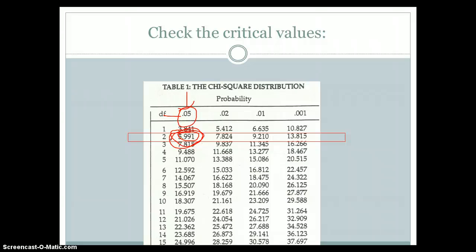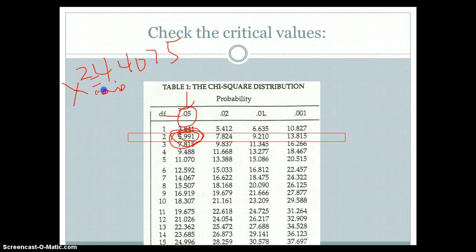So this table, just to go over it again, shows the minimum value of chi-square that's needed to achieve significance at the 0.05 level, the 0.02, 0.01, and 0.001 levels. Now eventually, we're going to calculate this, and we're going to find that our chi-square is 4.4075. That's our computed chi-square.